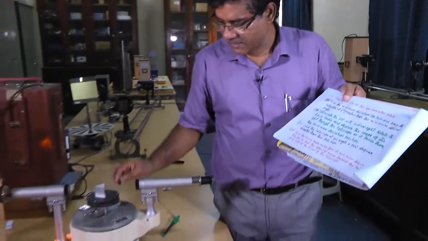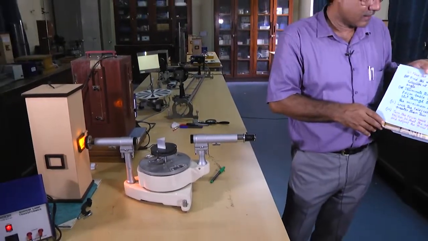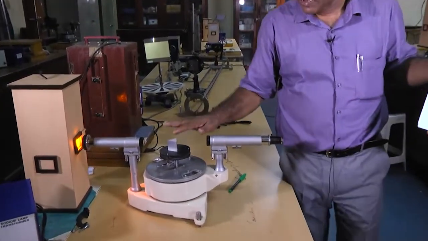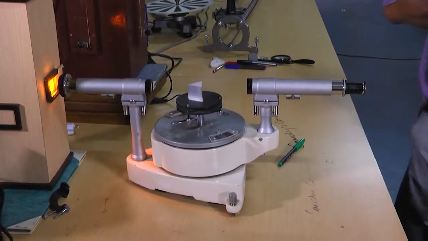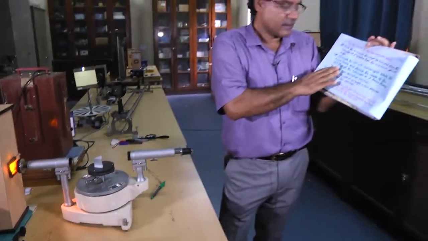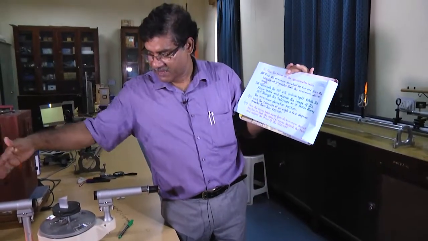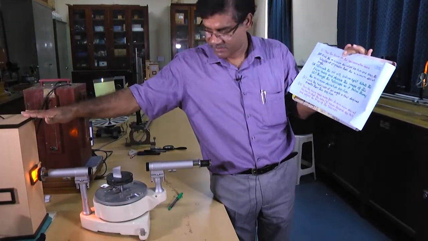So what I told, we will understand here. Let us place the prism on the spectrometer table. I have placed the prism on the spectrometer table. This collimator slit is illuminated with the sodium light.